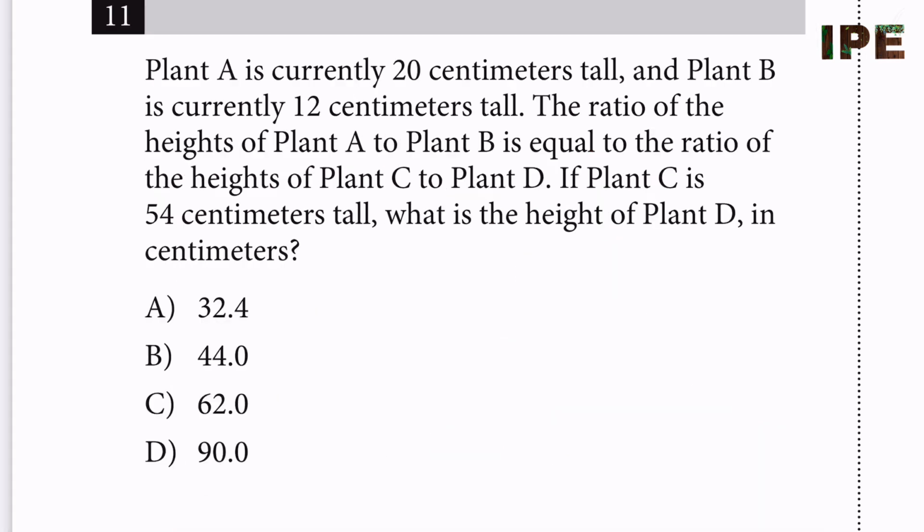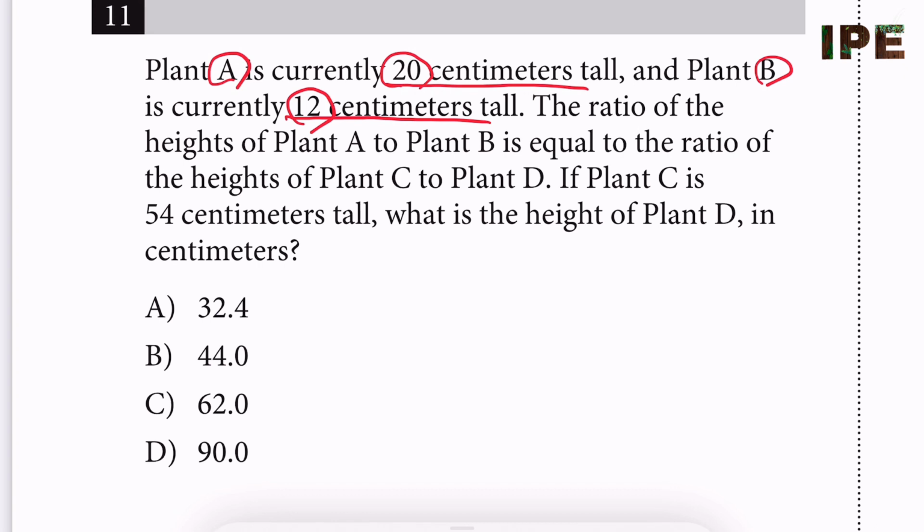Next problem. Plant A is currently 20 centimeters tall. Plant B is currently 12 centimeters tall. The ratio of heights of plant A and plant B is equal to the ratio of heights of plant C to plant D. It's a ratio problem, right?